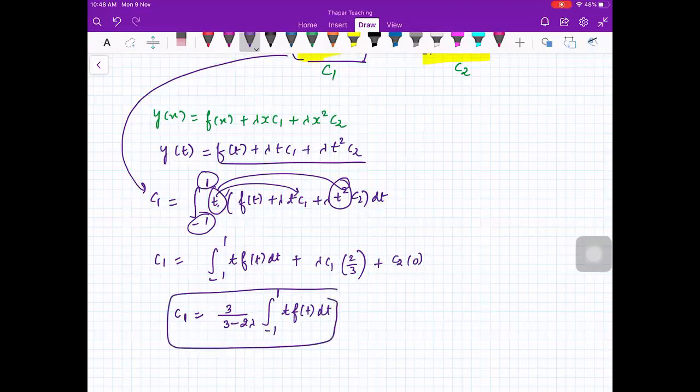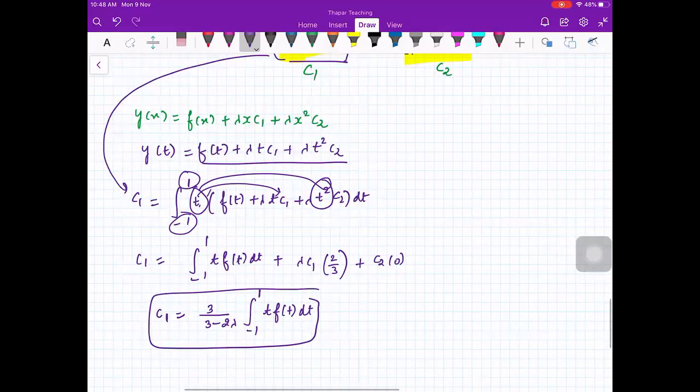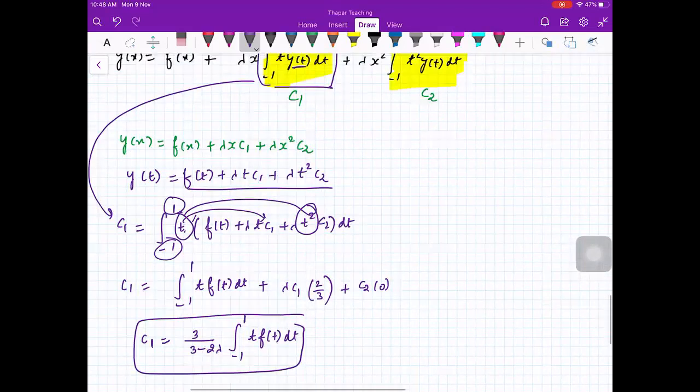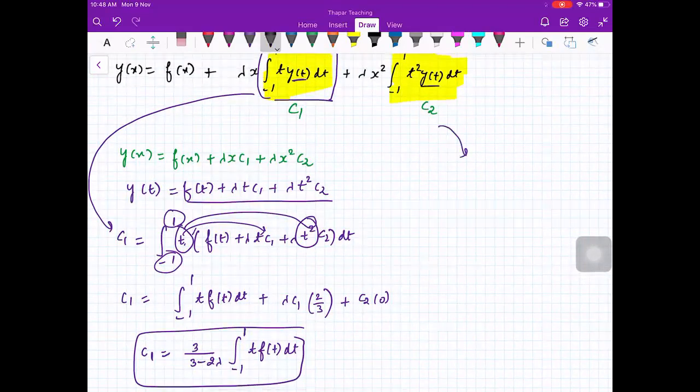Similarly, you put the value in C2, and you'll get C2 equal to 5 upon (5 minus 2 lambda) times integral from minus 1 to 1 of t square f of t dt.